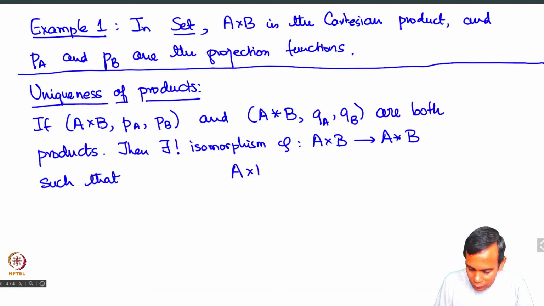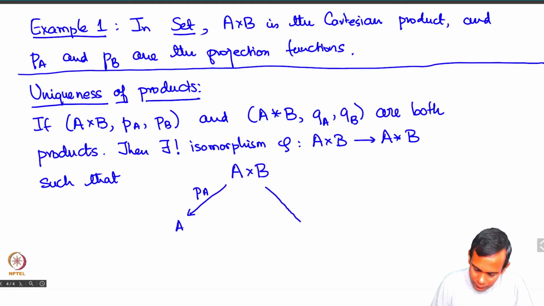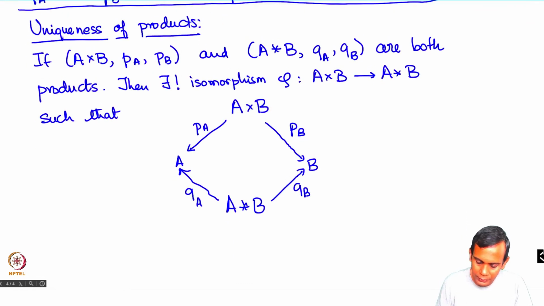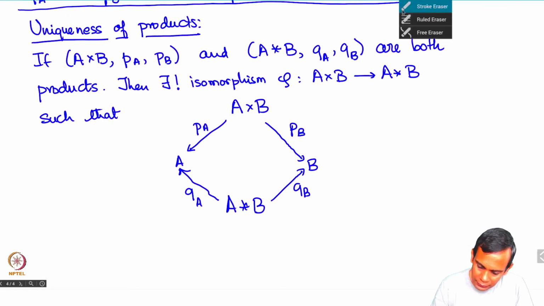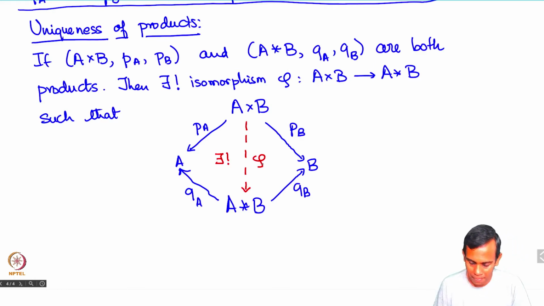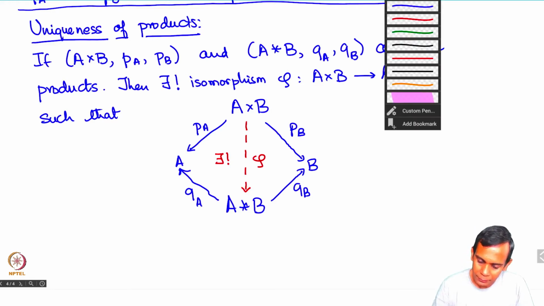So we have this one product A cross B, and we have projection maps PA to A, PB down to B. And we have another notion of product which we call A star B, and we have projection maps QA and projection map QB. So then the assertion is that there exists a unique isomorphism phi such that this diagram commutes.